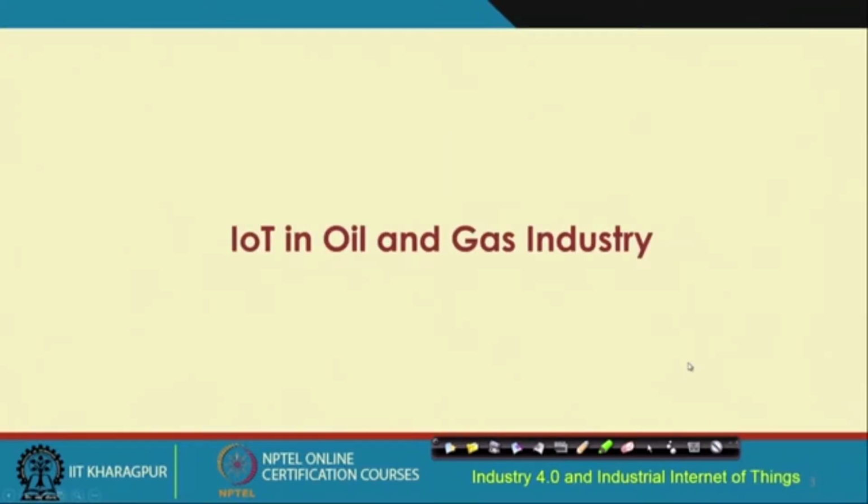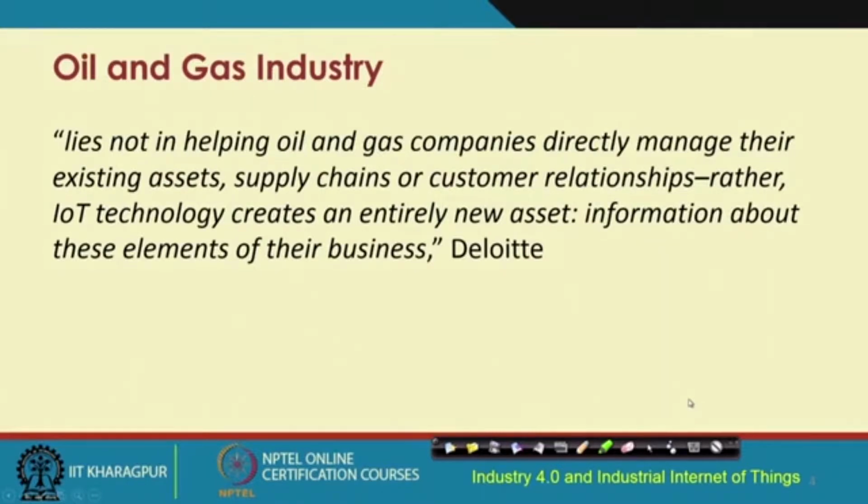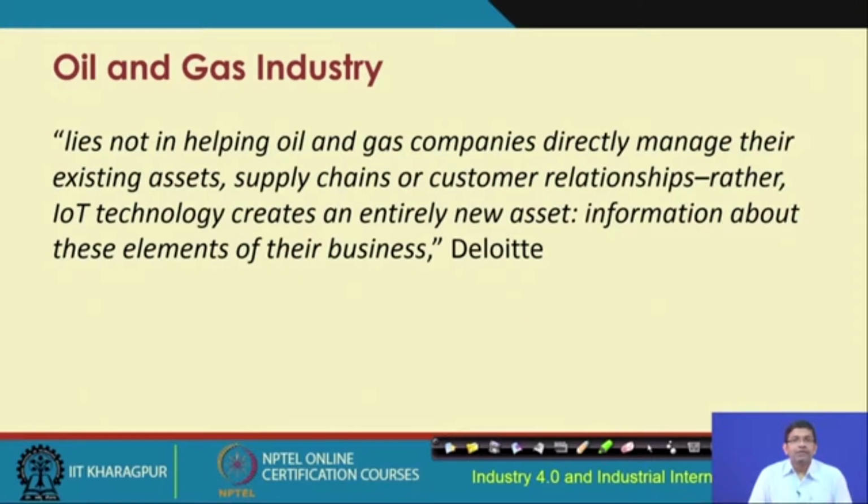Now, let us come to the specificities in terms of the oil and gas industry. There are different efforts globally that are going on in this particular industry domain. A lot of industries operating in these spheres are talking about having solutions where integration of IoT with their existing processes, machinery, etc. is going to happen.